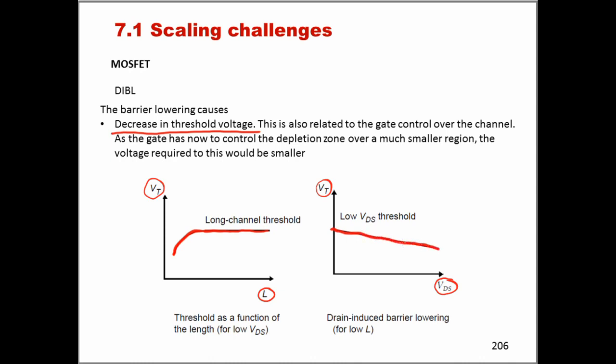And this is because, as we've seen in the energy diagrams, the channel of the transistor is under the influence of the drain voltage, and the drain voltage modifies the barrier seen by electrons traveling into the channel area. And that is why the threshold drops as we increase VDS.